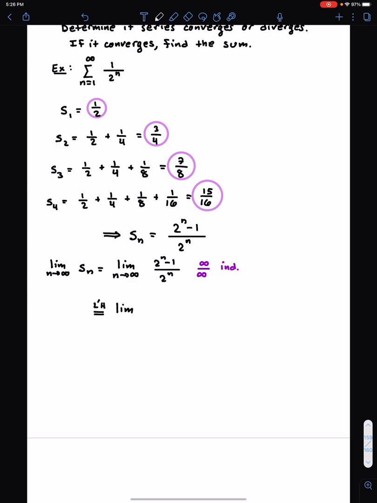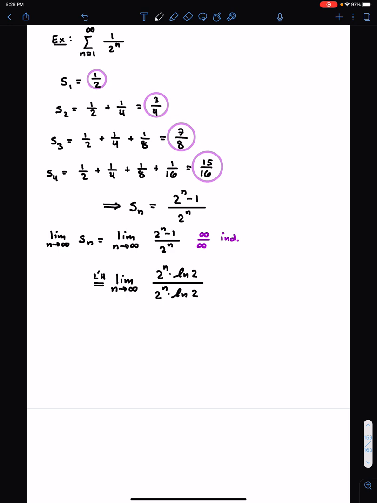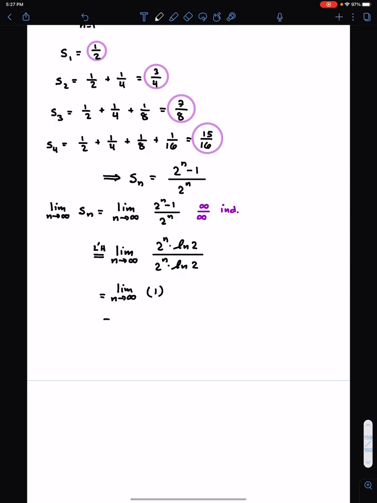So this is equal to the limit as n approaches infinity. The derivative of the numerator is 2 to the n times natural log of 2. The derivative of the denominator is 2 to the n natural log of 2. So this is equal to the limit as n approaches infinity of 1. The limit of a constant is the constant itself.